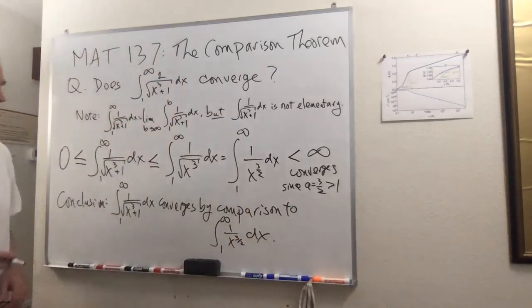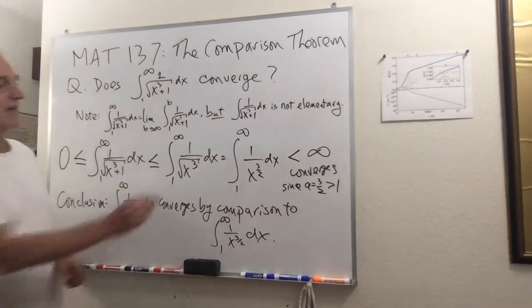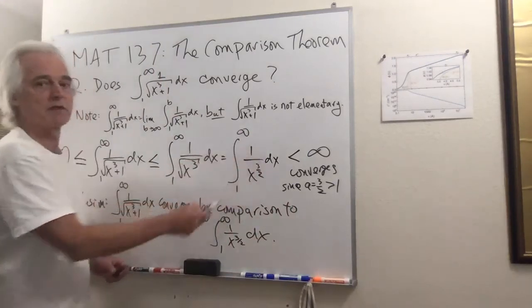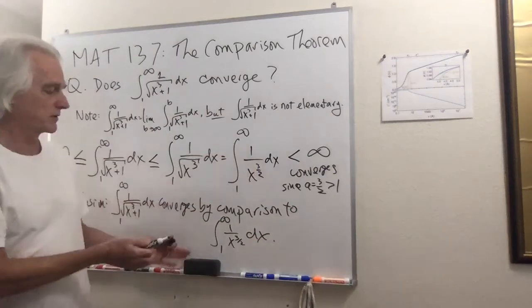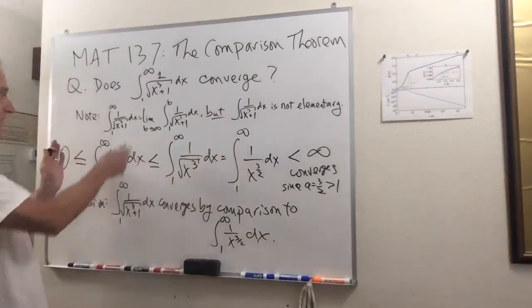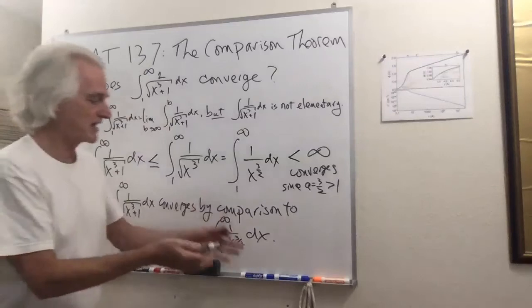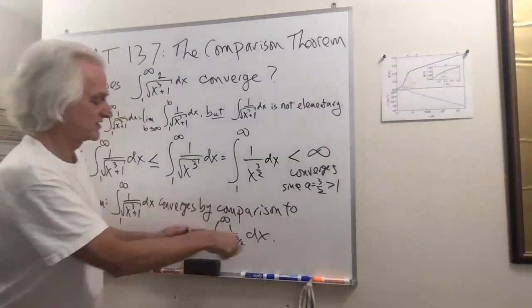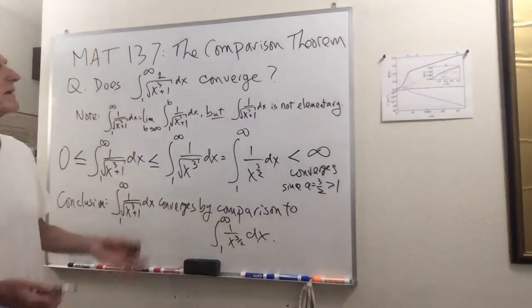Okay? In fact, I could figure out what that number is, and I would know that it converges to some number, the value of this improper integral is something less than whatever this is, but it doesn't really matter.